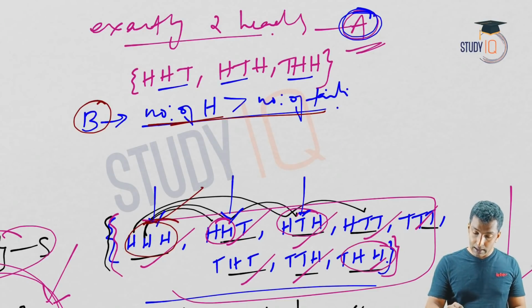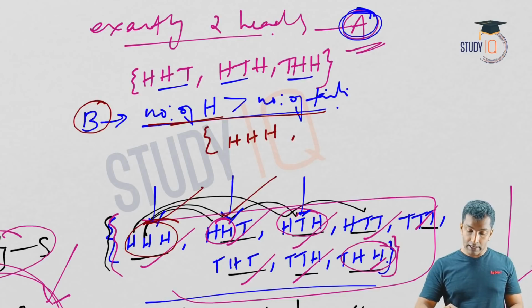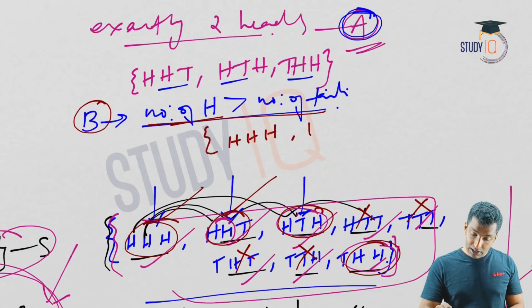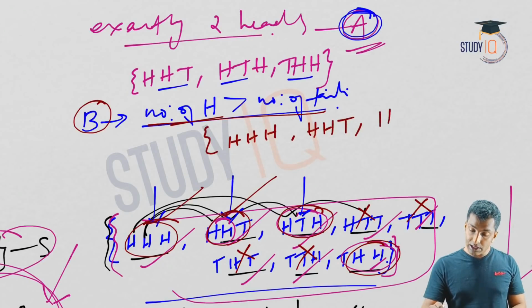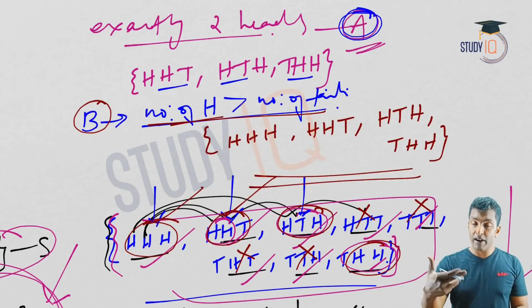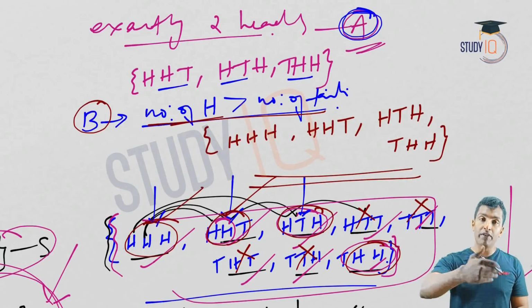So that is one case. Obviously 2 heads are there, this also has 2 heads. This is not, this is not, this is not, this also has 2 heads. So HHT, HTH, THH. So these are the favorable elementary events to event B.